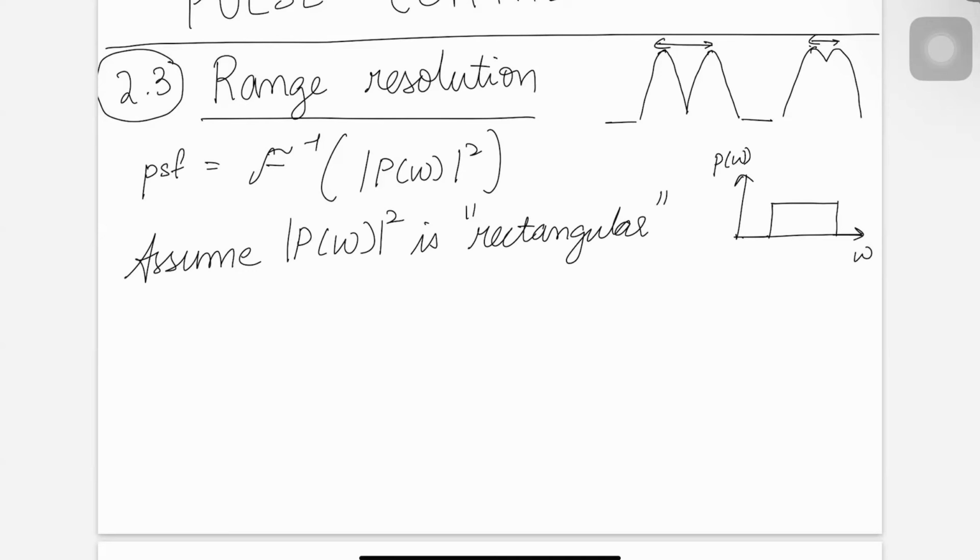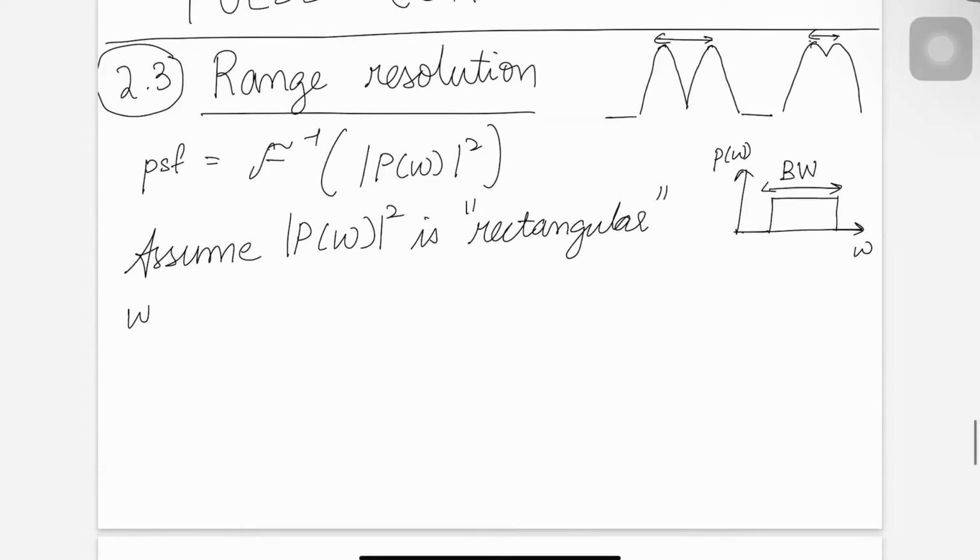This just simplifies things. The width of this rectangle is the bandwidth. So you assume |P(ω)|² is rectangular with the bandwidth of Δω, I'll call it.